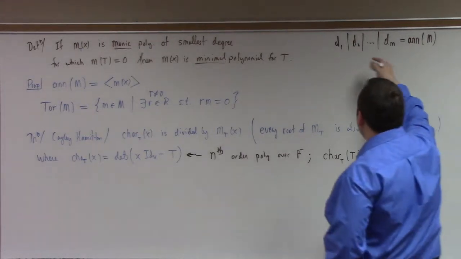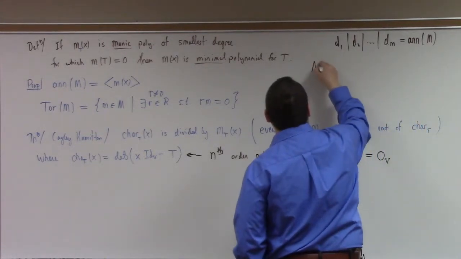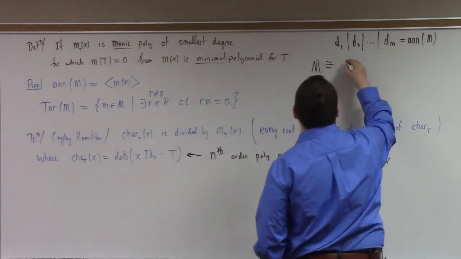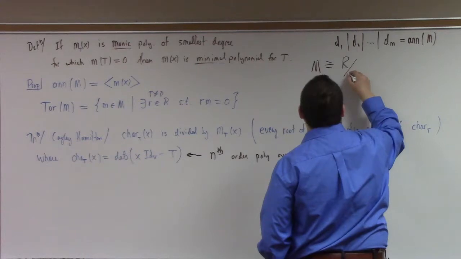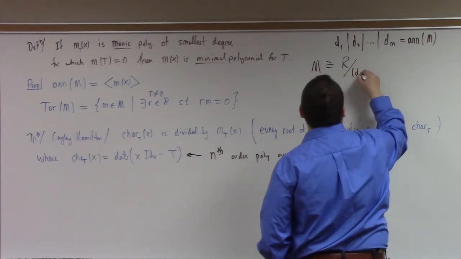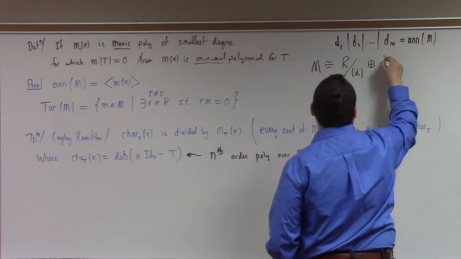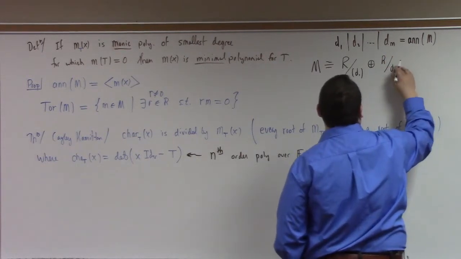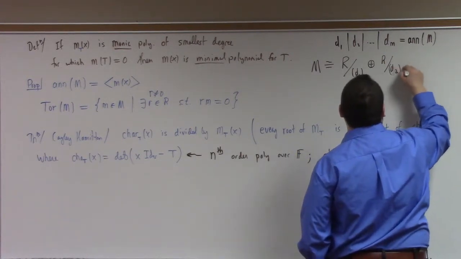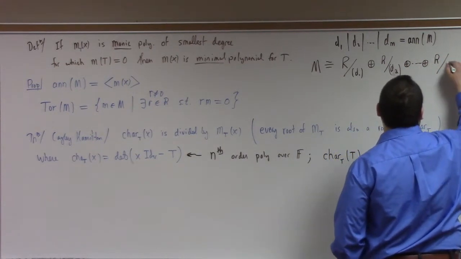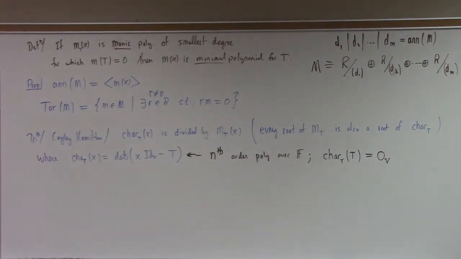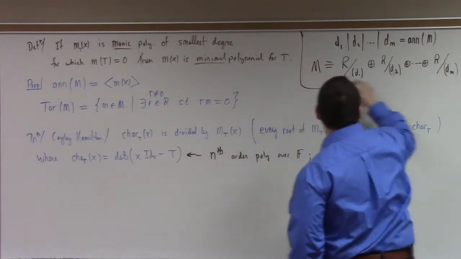And up to isomorphism, M is isomorphic to what? It's isomorphic to, how does it go? R mod D1, R mod D2, and so on. Right? So here, how does that look?